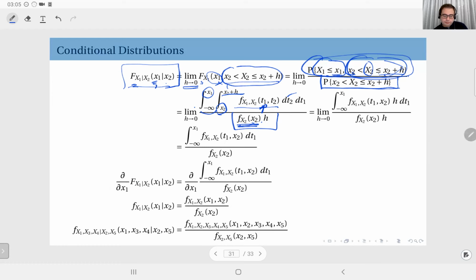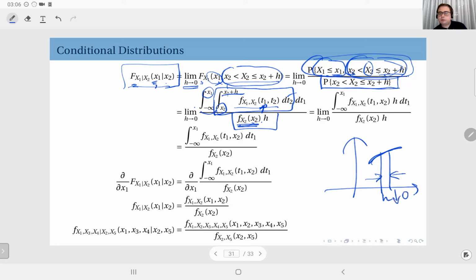Okay, now the integration inside here in the numerator with respect to t2 is from x2 to x2 plus h. So it's the integral of a function. Whatever shape it has, it's in an infinitesimal region, h here, and h is going to 0.